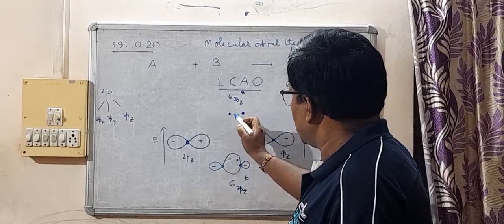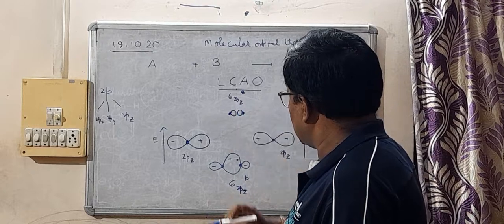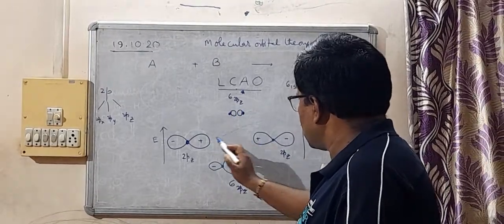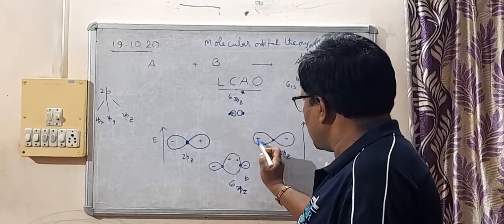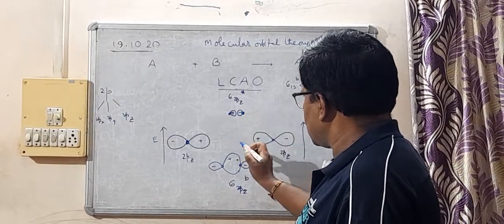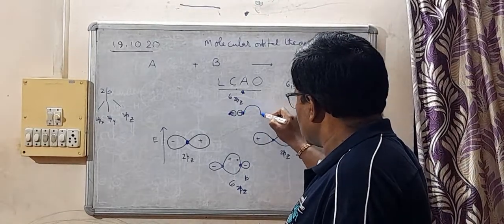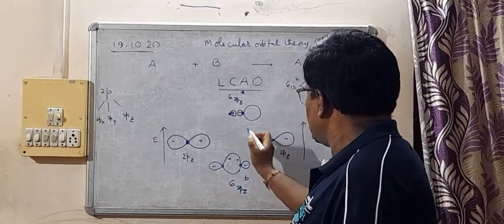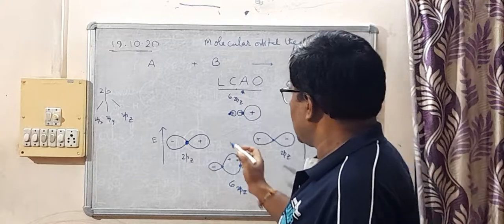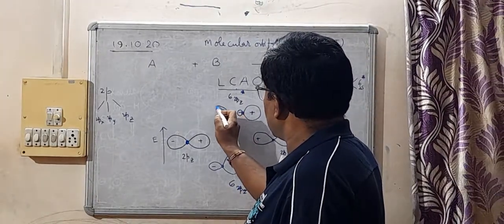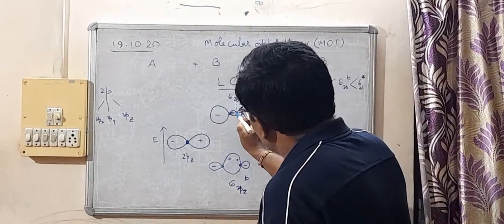The two nuclei, and so this is now subtraction overlap. This is plus. So this is plus. Now it will be minus. Minus plus doing subtraction overlap, and due to that the sign will change here. This plus has become minus, so this minus will become now plus, and similarly this one will be minus, and here there will be a nodal plane.